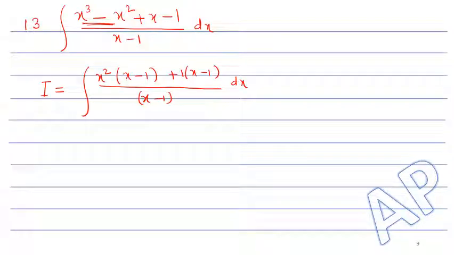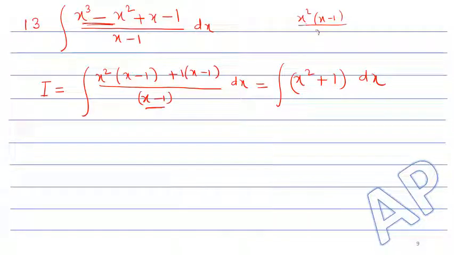Now let us divide each term by x minus 1. Dividing each term by x minus 1, we will get x square plus 1 into dx. The first term x square into x minus 1 divided by x minus 1 leaves x square. Next, 1 into x minus 1 divided by x minus 1 leaves 1.